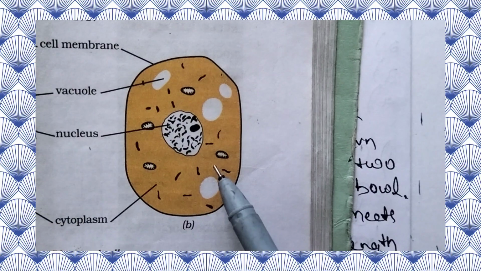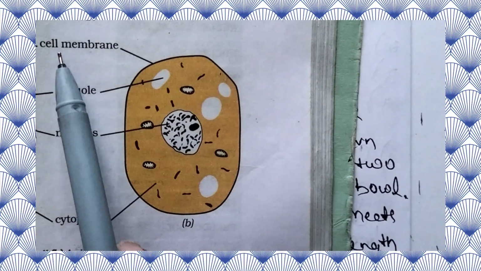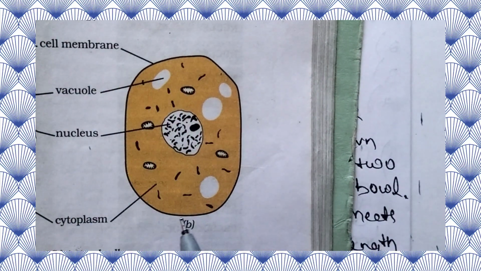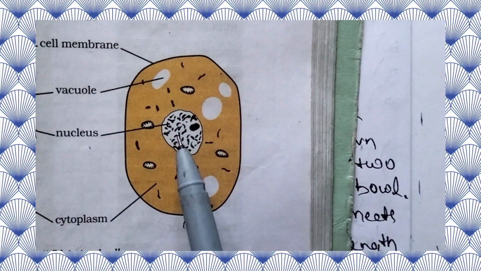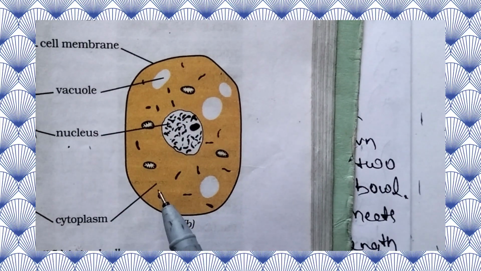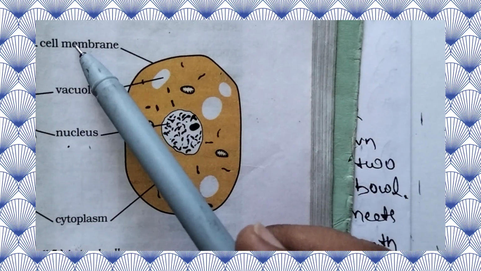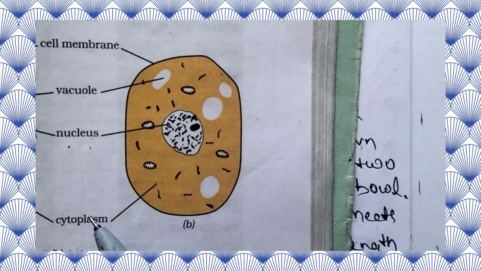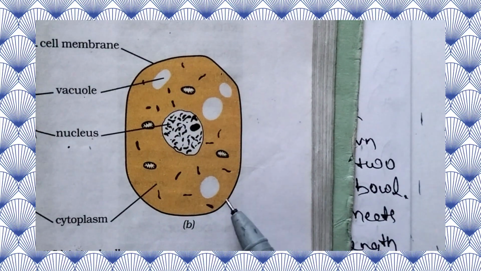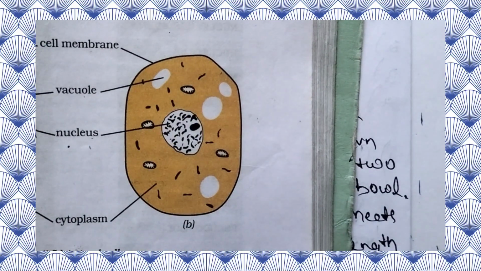In this animal cell you have to label the cell membrane, vacuole, nucleus, and cytoplasm. So this is about the animal cell, and by this we have completed this paper.